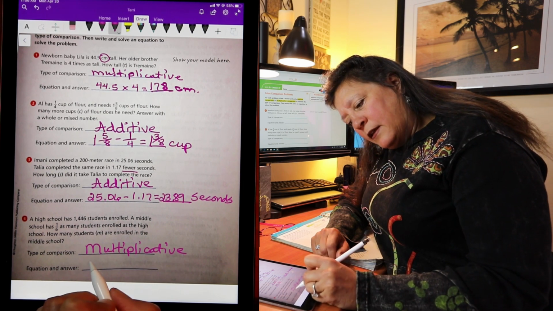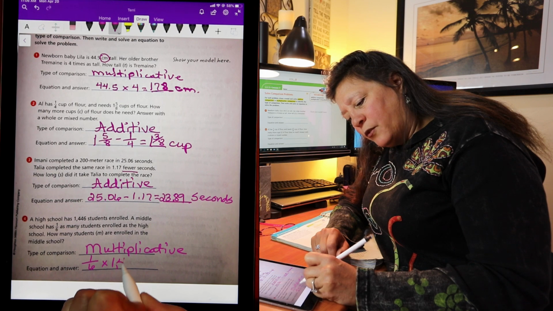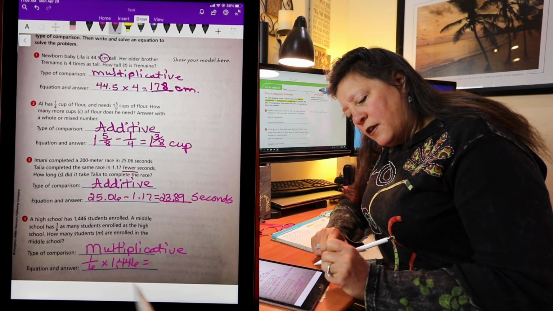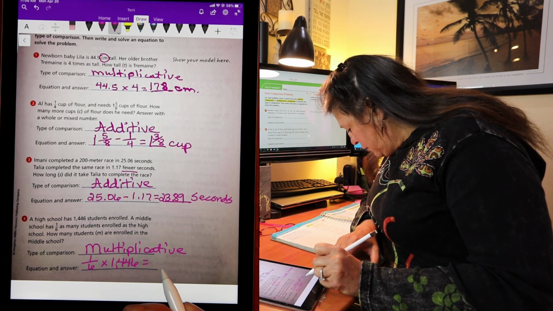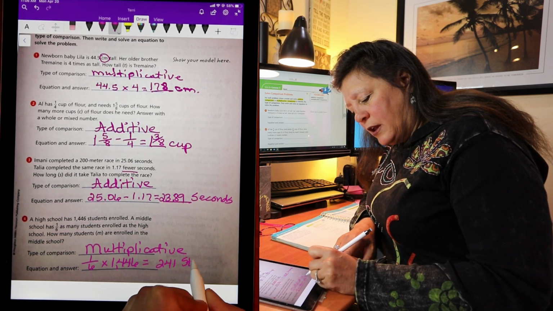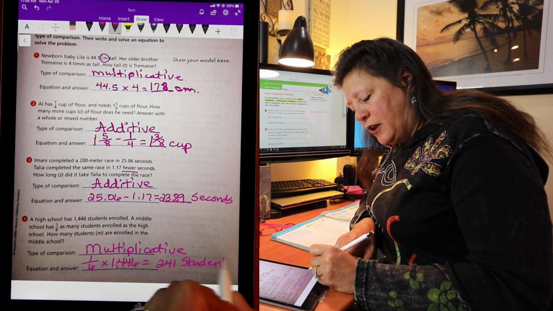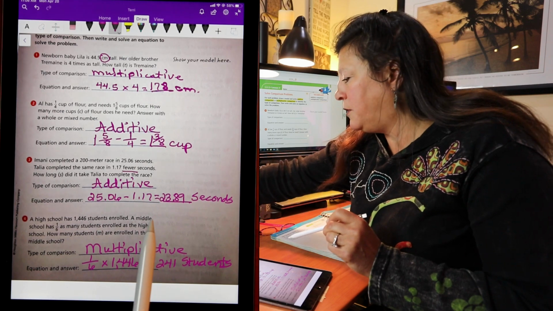Okay, and 1/6 of, which is times 1,446. Do your math, and you should come up with 241 students. Again, make sure you're doing the math. You have the answer. Make sure you can do the math to get the correct answer.